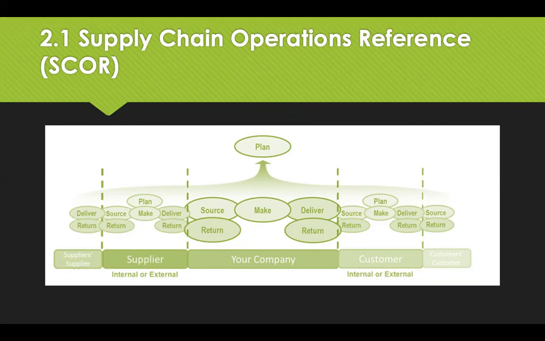The framework focuses on 5 areas of the supply chain. You've got the plan, source, make, deliver, and return. These areas repeat again and again along the supply chain. And the Supply Chain Council says that the process spans from the supplier's suppliers to the customer's customers.